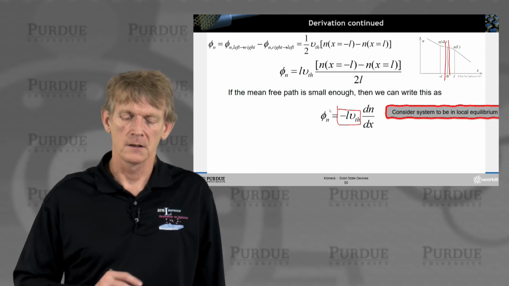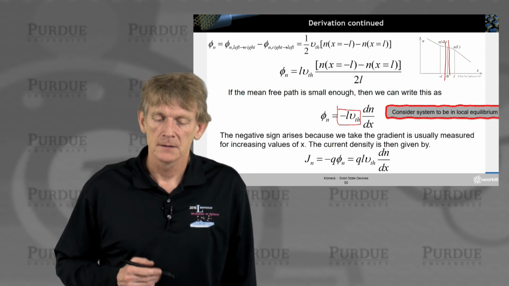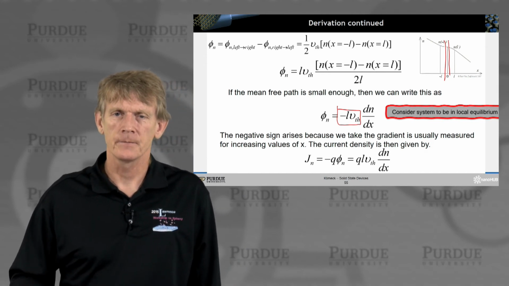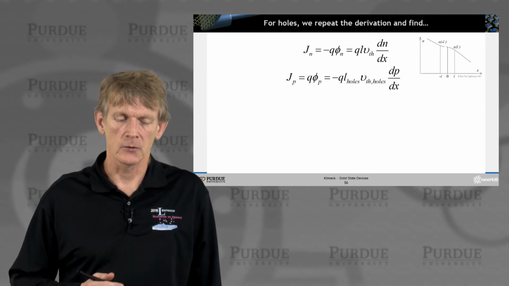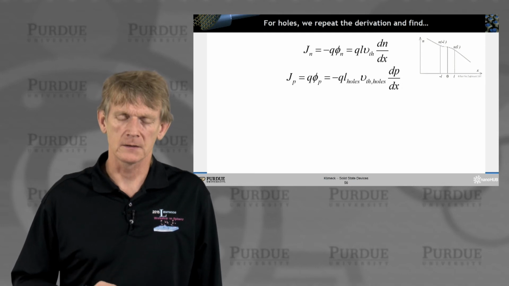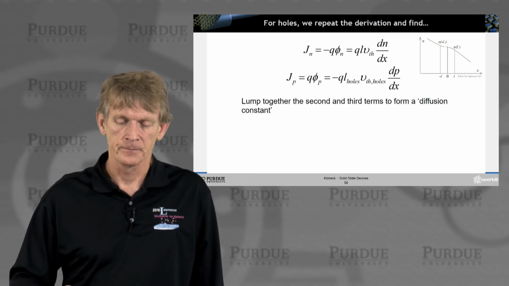Here is our term like this. The negative sign is because we're going down the gradient. And we have an expression now for the electron flux, or for the hole flux. It's really the opposite, just a different sign for the charge.